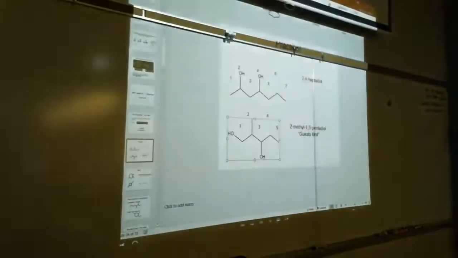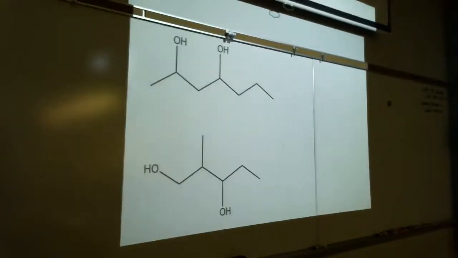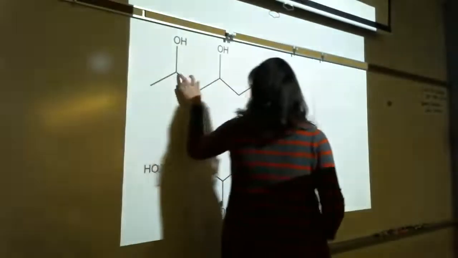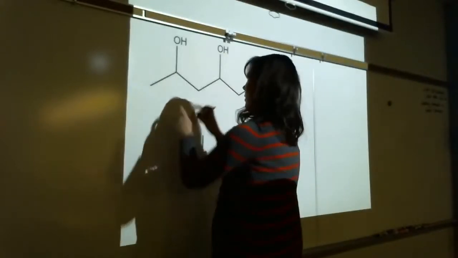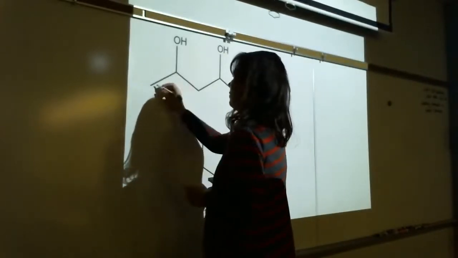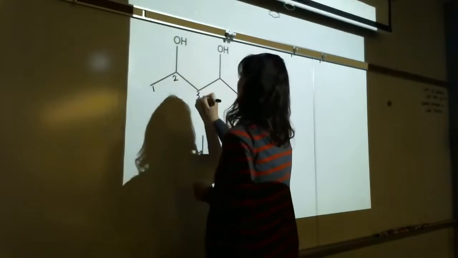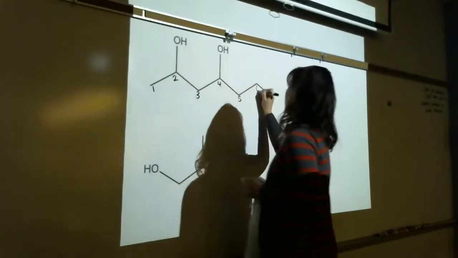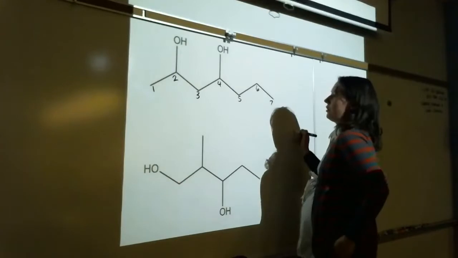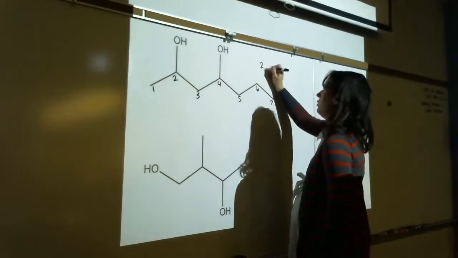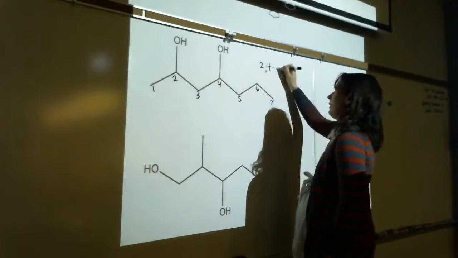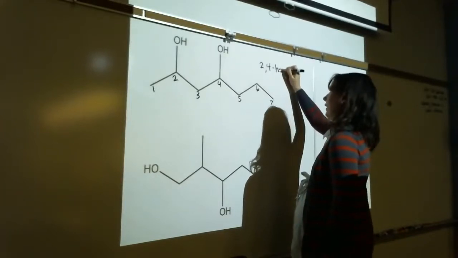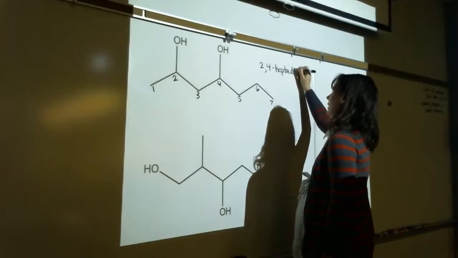All right, let's go over this one. We've got a diol here. We've got 2 OH groups we have to contend with. So we're going to number to give priority, and there are no other substituents. So 1, 2, 3, 4, 5, 6, 7. This would be 2,4-heptanediol.